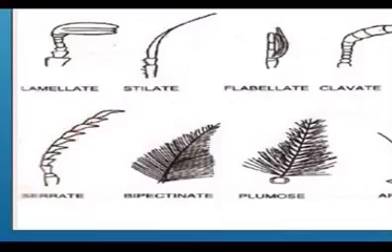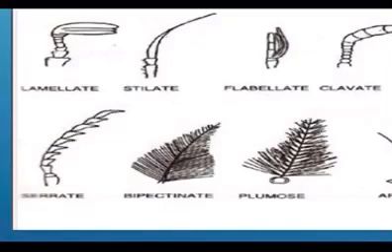Next is pectinate type of antenna. Pectinate antenna can be of two types, that is unipectinate or bipectinate. In the pectinate type of antenna, the individual segments of the flagellum are extended as long processes, so that the antenna looks like a comb.